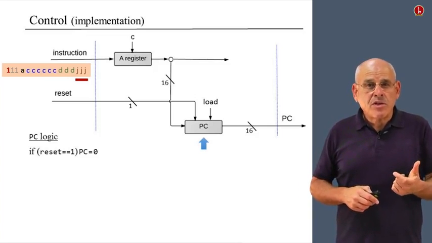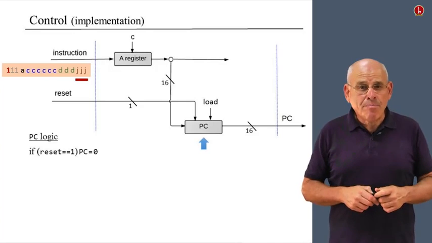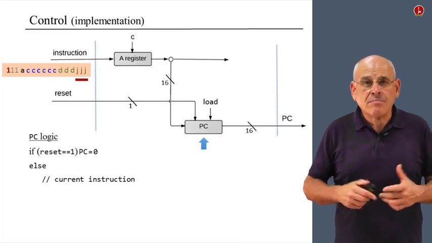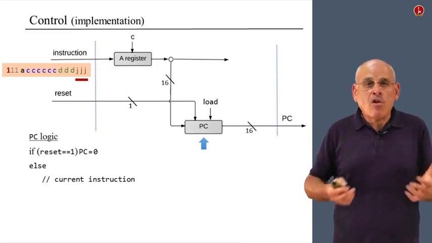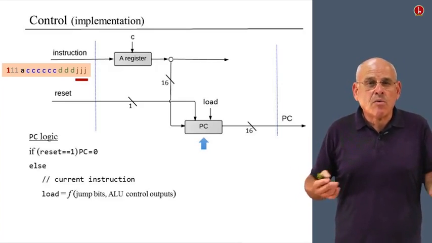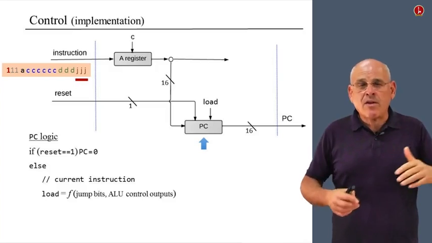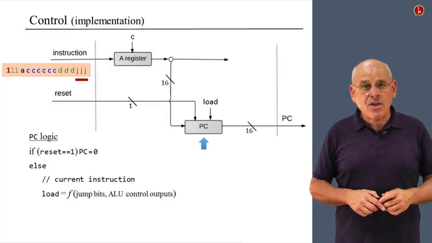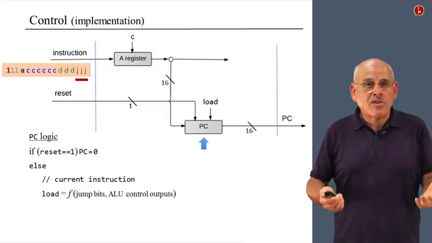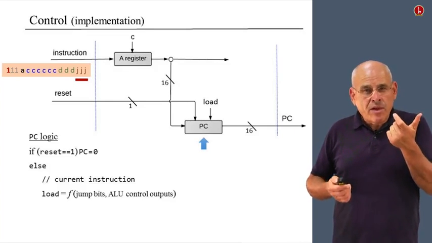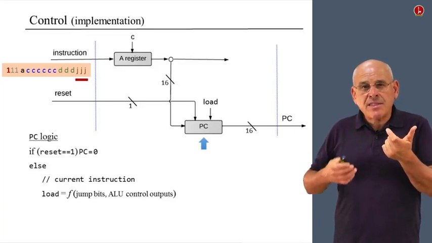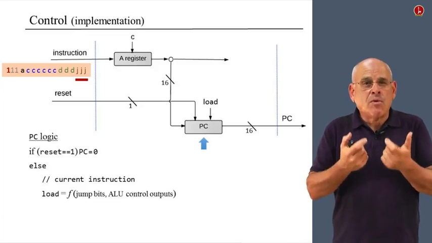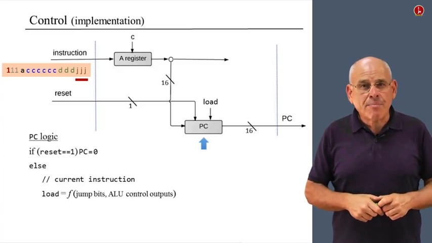Otherwise, we have to look at the current instruction. And the current instruction may or may not have jump bits. Given any combination of jump bits, all the way from 000 to 111, all the possible 8 combinations of three jump bits, given every one of these combinations, we have to look at the jump bits and simultaneously look at the ALU output and decide if we really want to carry out the jump.